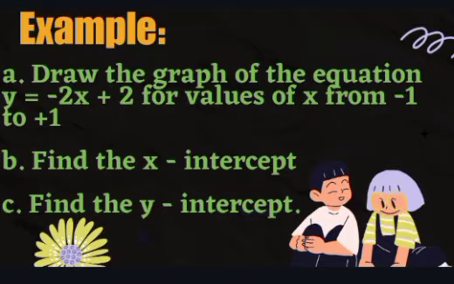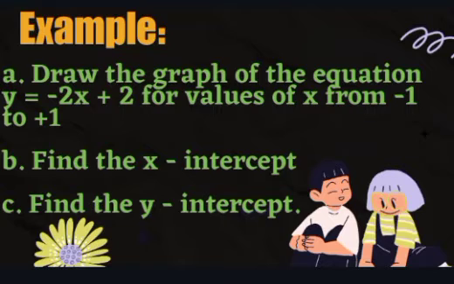So we are having different values of x, and we are going to use those different values of x to determine what the values of y will be. And you are given a range of values to use. So the range of values for x that you are going to use in this question is from minus 1 to 1. By that we mean minus 1, 0, and plus 1.